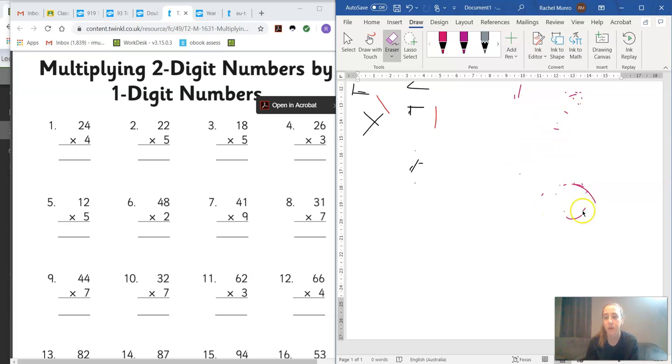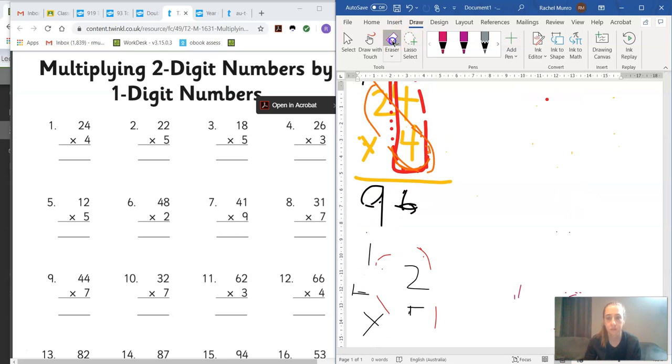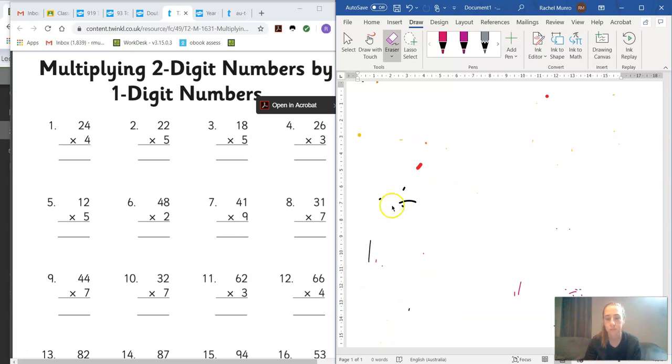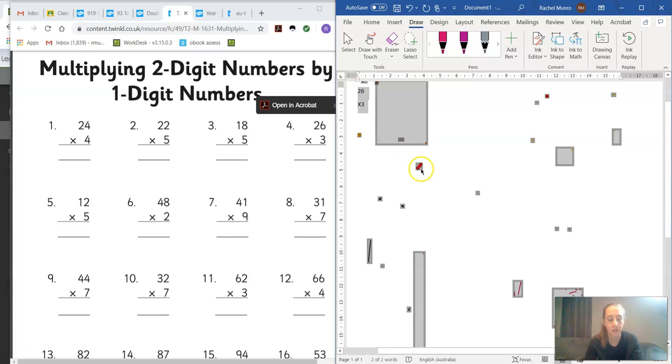We're going to do question 4 now. So set it up again. We've got 26 multiplied by 3. So I've got 26 and I'm going to multiply that by 3.